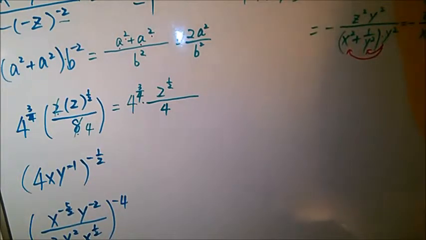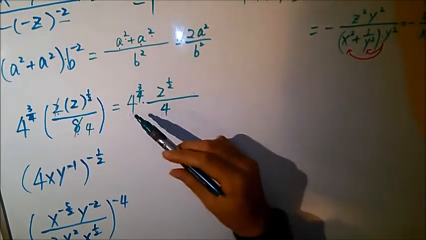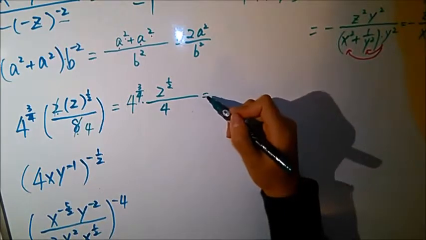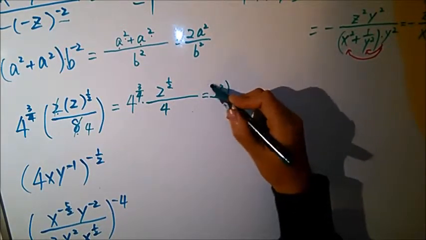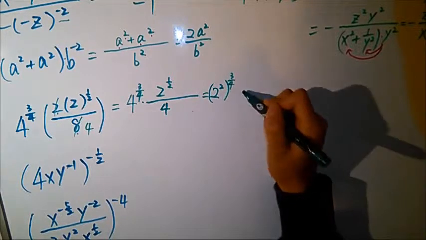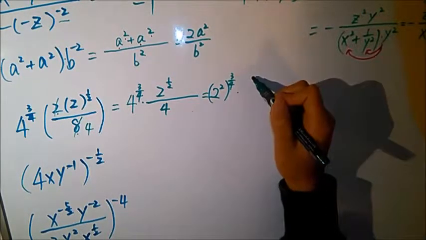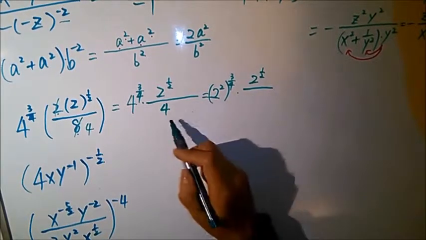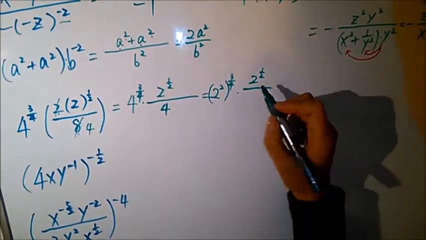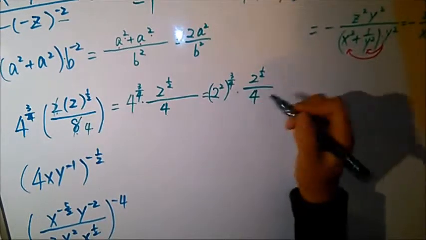And now we're going to change that 4 to a 2, right? 2 squared. The top 4 to a 2 squared. 3 over 4, yep. Over 4.